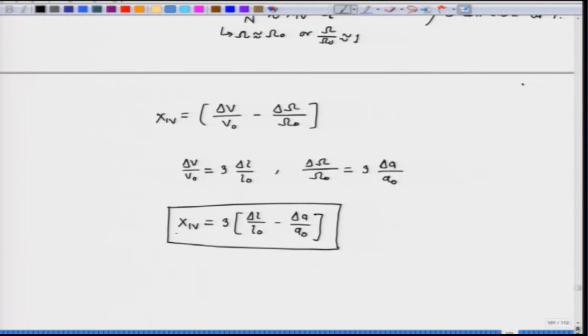Why? Because the values of x1v, the equilibrium vacancy concentrations, are typically very small.